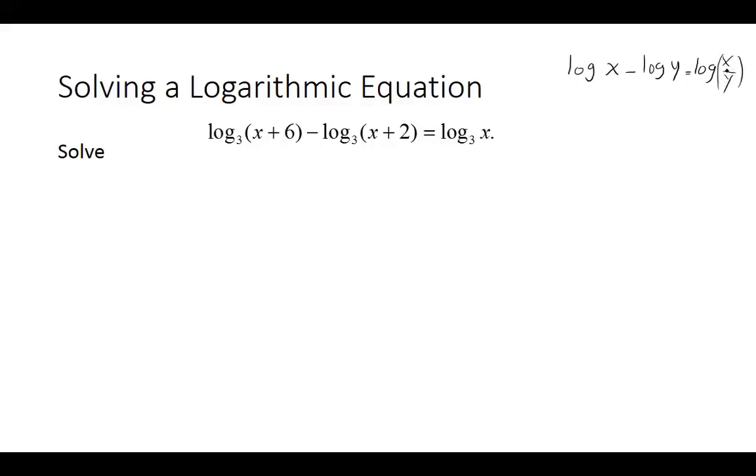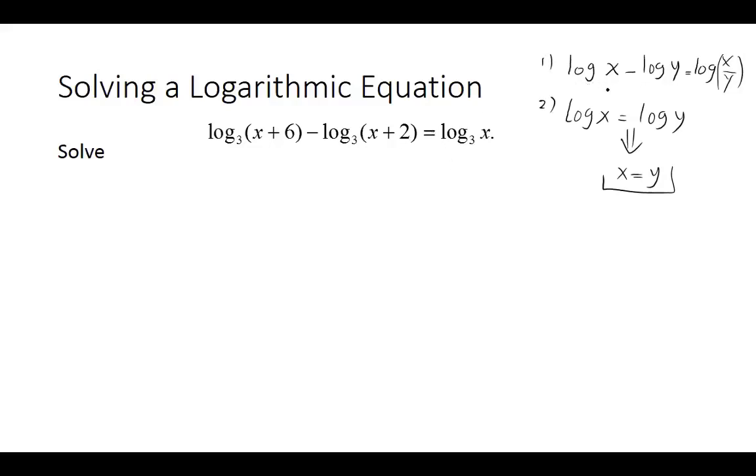So if you have a quotient, you expand it as the difference, if you recall. And we had another property where log of x is equal to log of y. We can conclude from here that x must be equal to y. So these are the two properties that we're going to use for this equation.